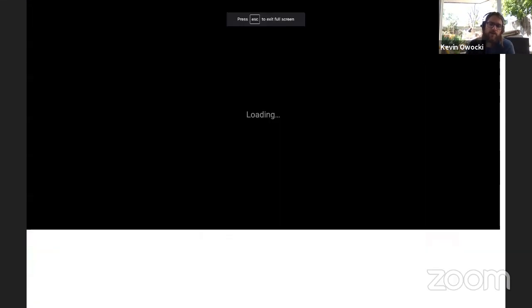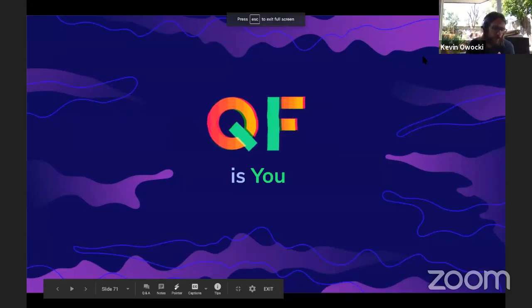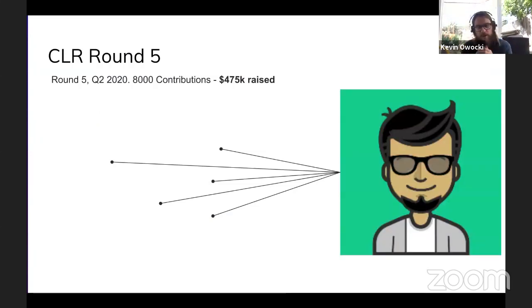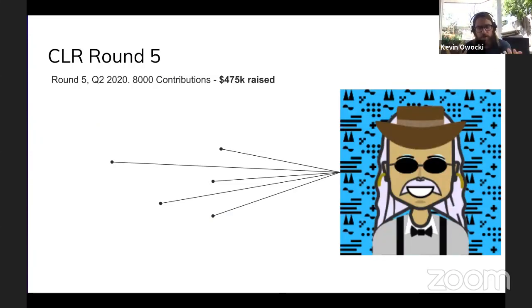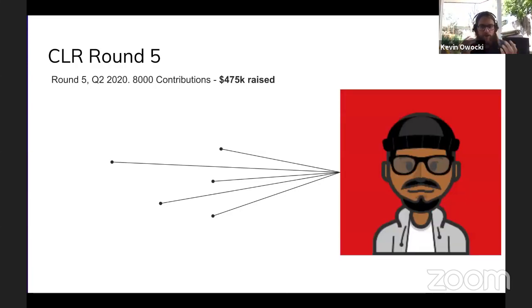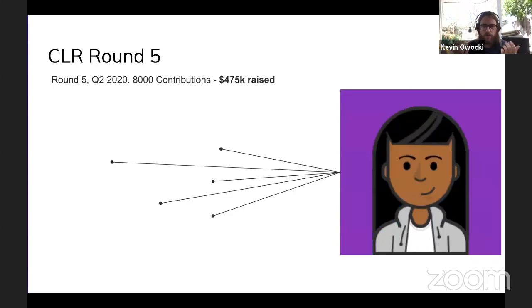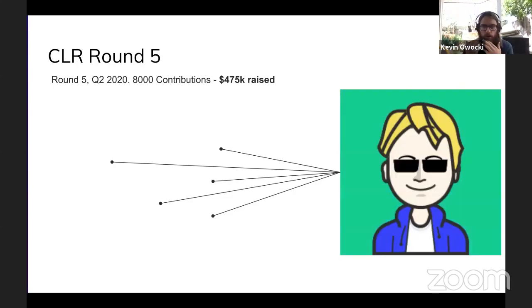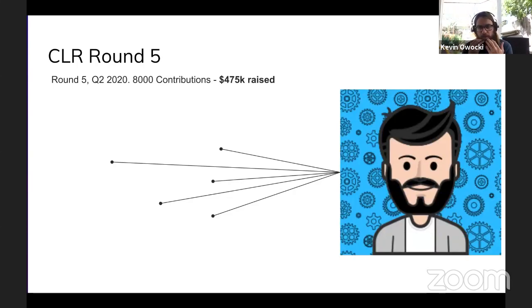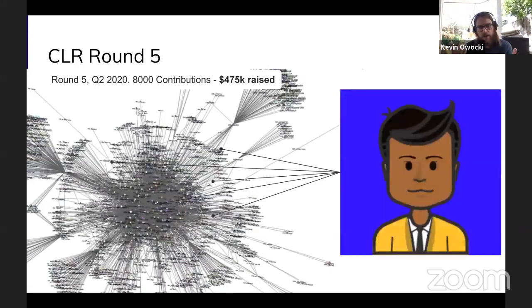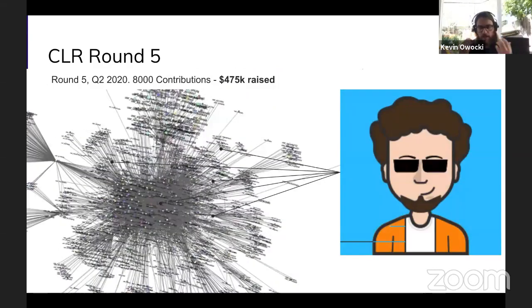And the cool thing is that Quadratic funding is all about you as the individual consumer and your preferences. So we basically got this network of three-dimensional humans that come from all different parts of the world, from all different backgrounds. They can be male, female, short, tall, and have all these different socioeconomic backgrounds. And Quadratic funding reveals their preferences in a mesh network way.